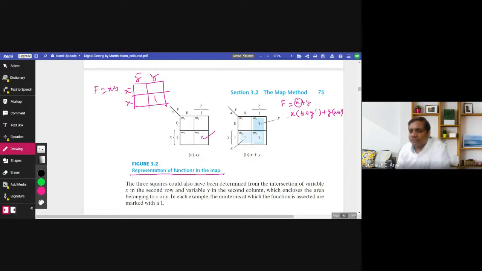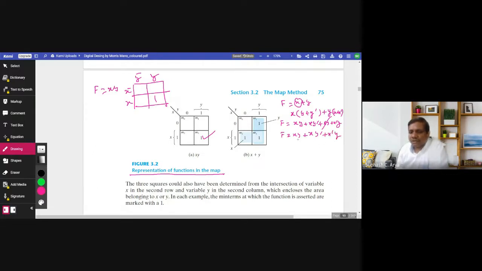What we are trying to do is get the missing variable. We want to express it in standard canonical form. So this is xy plus xy bar plus xy plus x bar y. You see xy is coming 2 times, so we can cancel one. Now 3 terms are there: f is equal to xy plus xy bar plus x bar y.